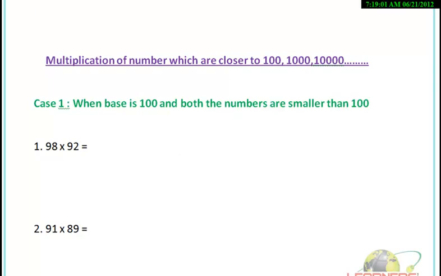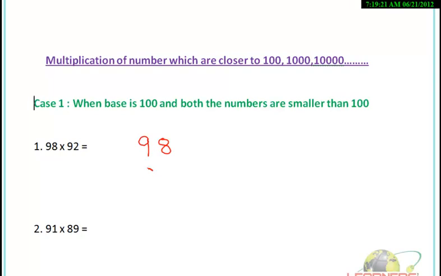Let's see in this example. Here we have been given 98 into 92. I would like to remind you we are taking the base as 100. So let's start calculating 98 into 92.